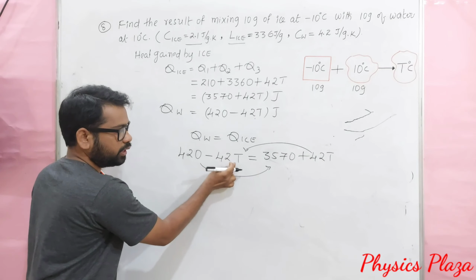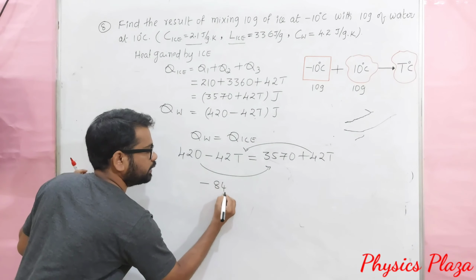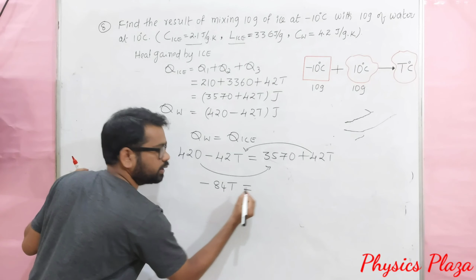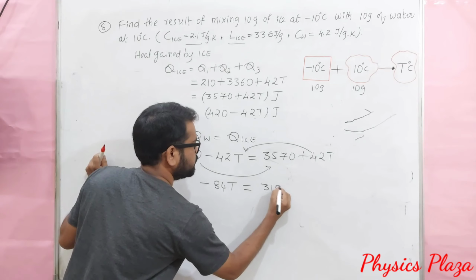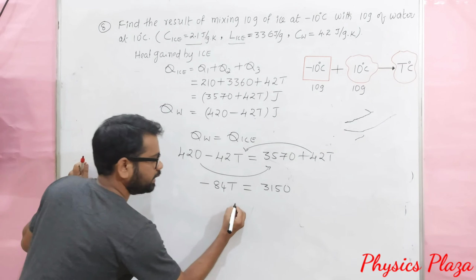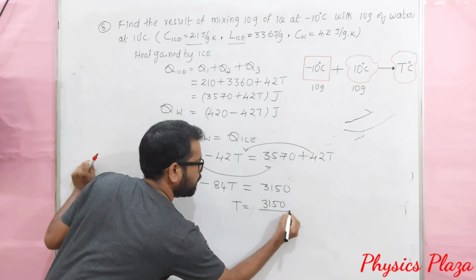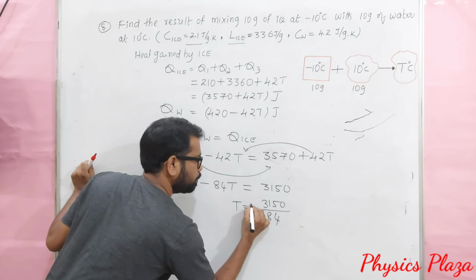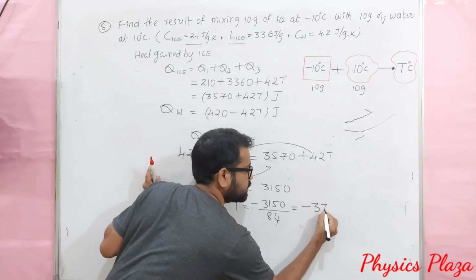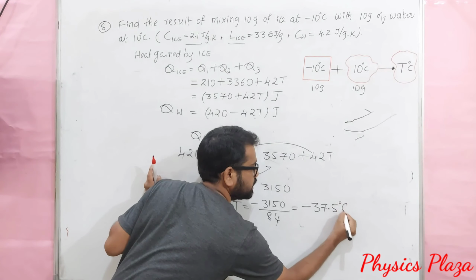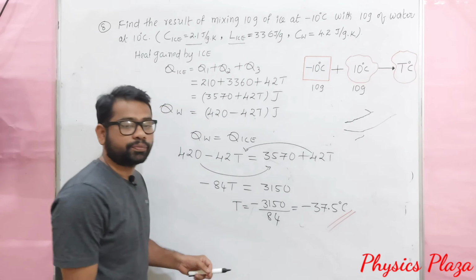So minus 42T comes this side also, it will be minus 84T, and the other side will be 3150. So T is equal to 3150 by 84. Don't forget the minus here. And we get minus 37.5 degrees Celsius. It is quite a surprising and shocking answer.